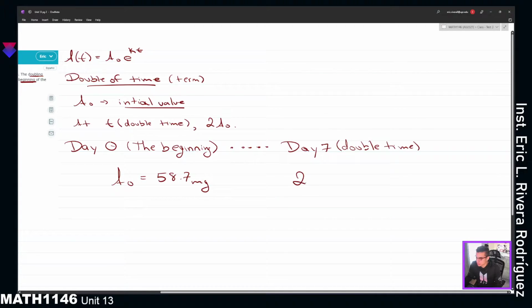So 2 times a sub 0 is equal to 2 times 58.7 milligrams. The value of t in day 0 is t equal to 0, and the value of t at the doubling time is t equal to 7. Again, these are days.